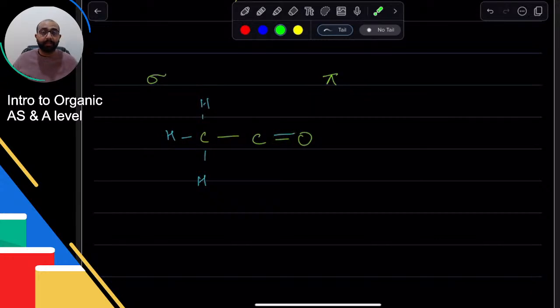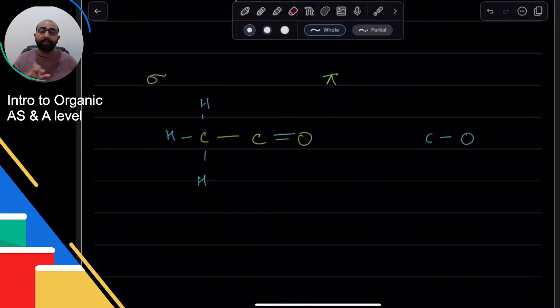Now when they react, let's say I want to compare it with this bond, we cannot measure the bond energy of this pi bond alone, but we do know that this bond is weaker than this bond altogether. That's the second thing you need to know, that single bond obviously is weaker than the double bond, but we cannot measure the bond energy of just the second bond in two atoms.